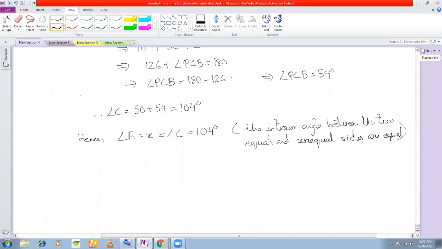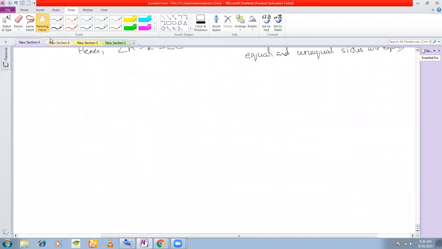We'll do the next sum. At least write the sum. Maybe we can finish it in the next class. At least we can understand the sum. Look at this.